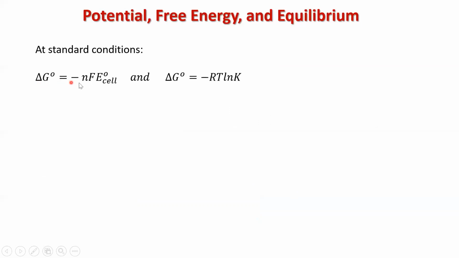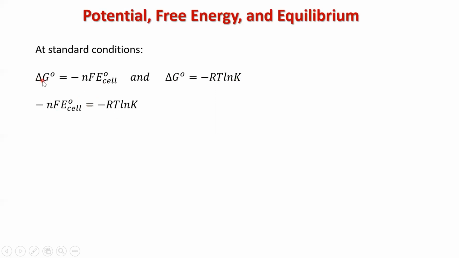Delta G equals negative NFE. This is a new equation. Delta G also equals negative RT ln of K. This is an old equation that relates free energy to equilibrium. We can set these two equations equal to each other.